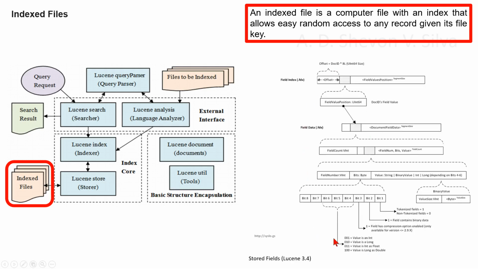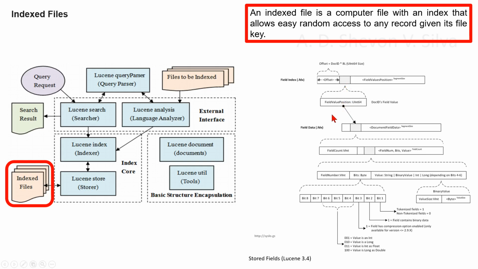Here you can see stored fields. Stored fields are the original raw text values that were given to Lucene. This is not really a part of the inverted index structure. It's simply a mapping from document ID to stored field data. Stored fields are represented by two files.